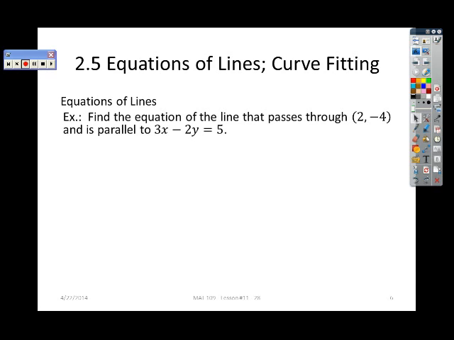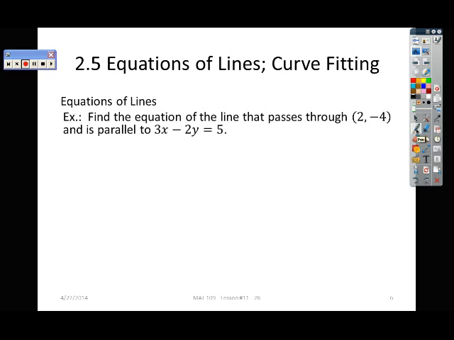You should be able to get the slope of that line. What do you have to do to get the slope of that? To get the slope of this line, put it in y equals mx plus b form, which means solve this for y.